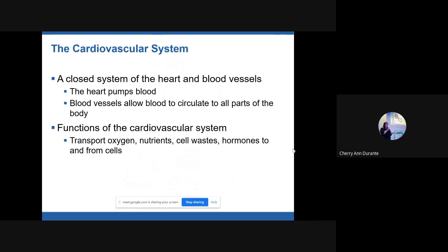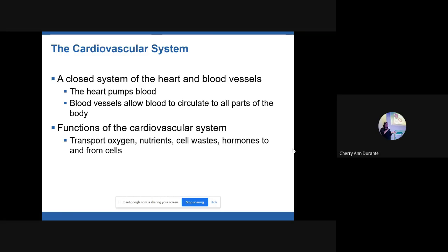So the cardiovascular system is a closed system, meaning, sabi ko nga sa inyo, the heart is its major organ, and the blood vessels are, para kumbaga sa ano, it's the highway. Ayan. Yun yung mga daanan ng iyong dugo. The function of the cardiovascular system is more of transportation. So if you want to know in one word, how can I summarize cardiovascular system's function?